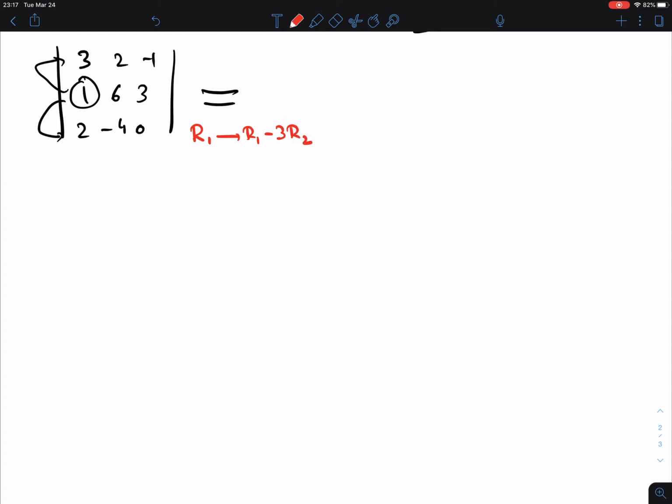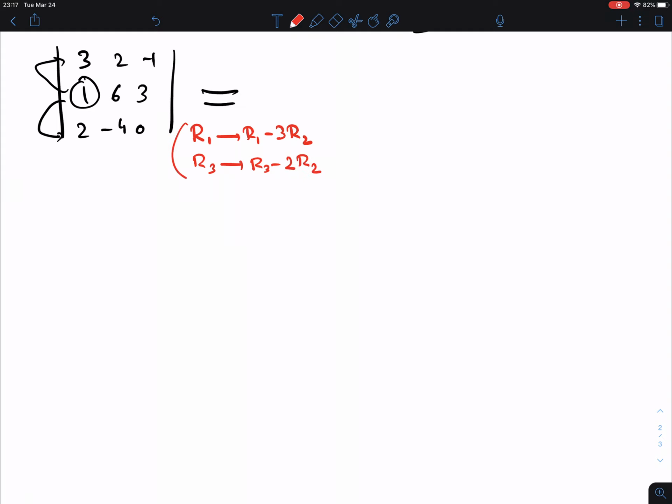To get a 0 here, I have to multiply this element with negative 3 and add it up there. That's what this does, okay? And then at the same time for row 3, I have to now replace row 3 by row 3 plus 2 times row 2.